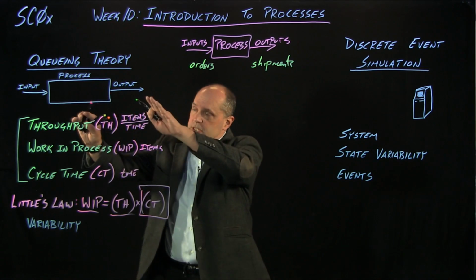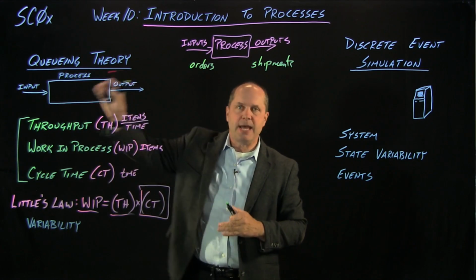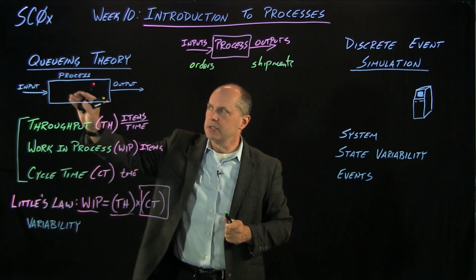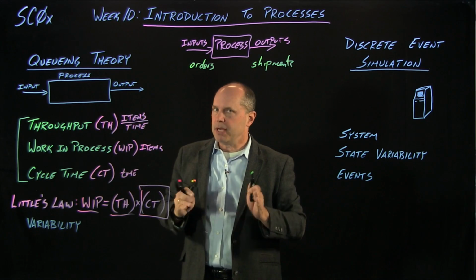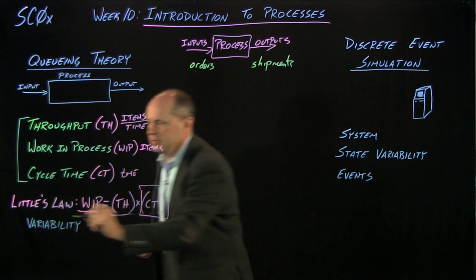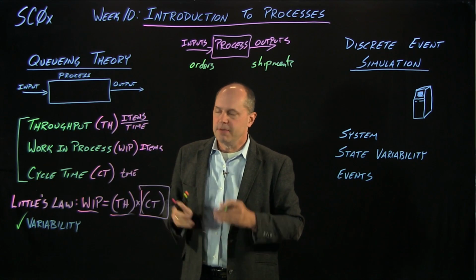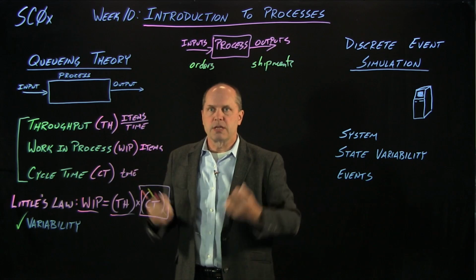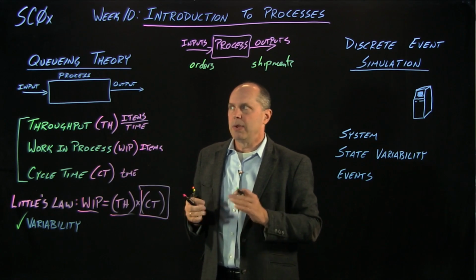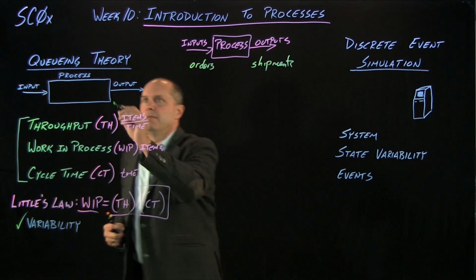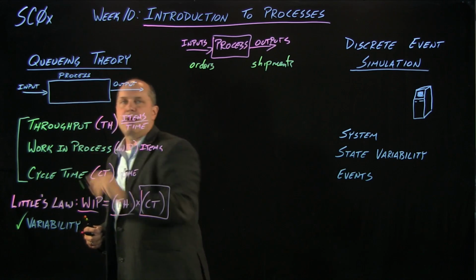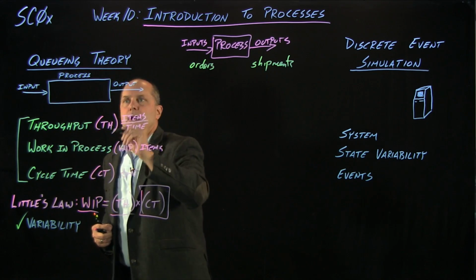So we'll start with a simple process, and we'll add things like capacity to it. We'll look at utilization and bottlenecks. But the big thing we'll add to make it really interesting is variability. As we've discussed in previous lessons, variability kills. It's the thing that really drives the system. And we can think of variability being in the input, the arrival time, or the output.